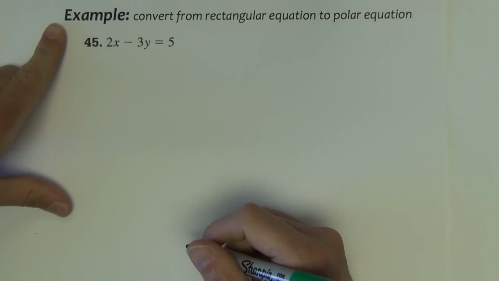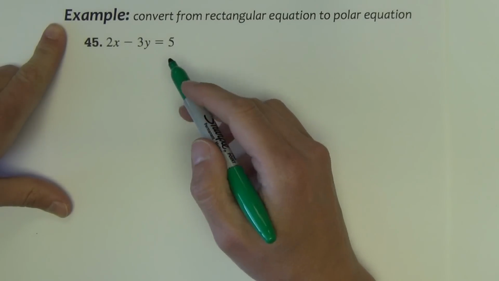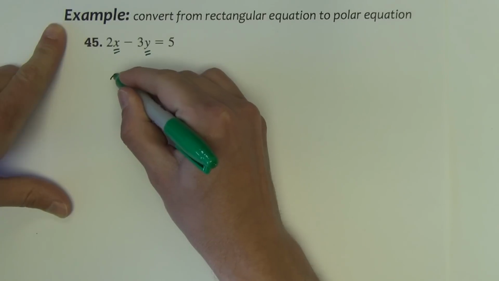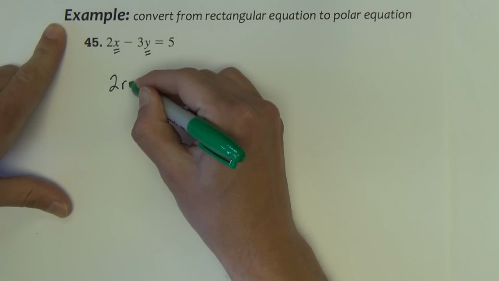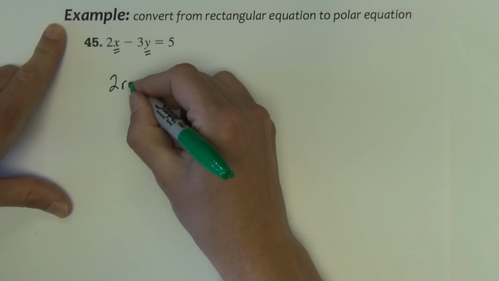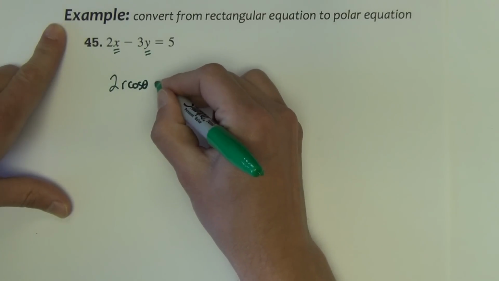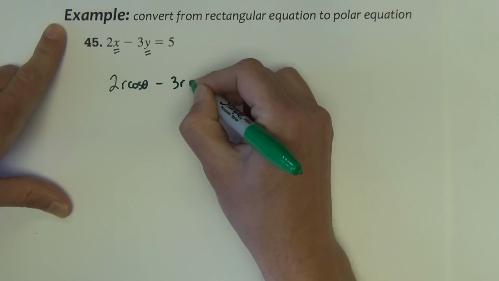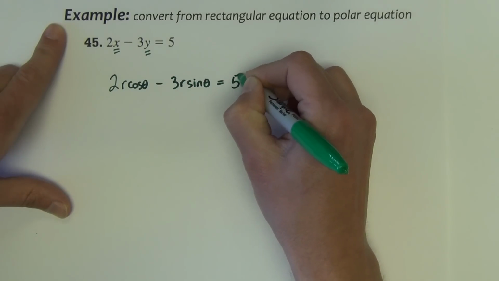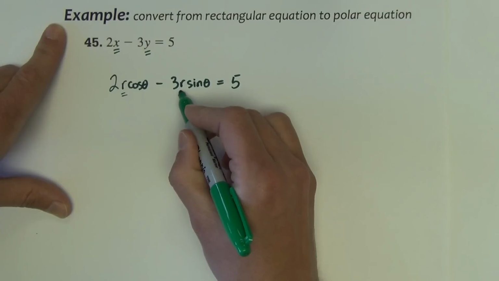Next couple examples I want to do is how can we convert from rectangular to polar. Let's begin with substitutions for x and y. x is equal to r cosine theta. y is equal to r sine theta. Notice now there is an r that is a common factor.